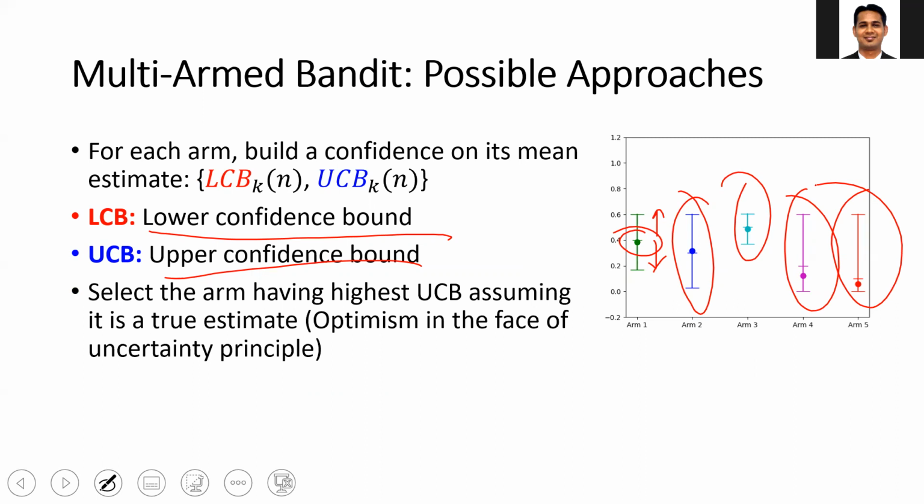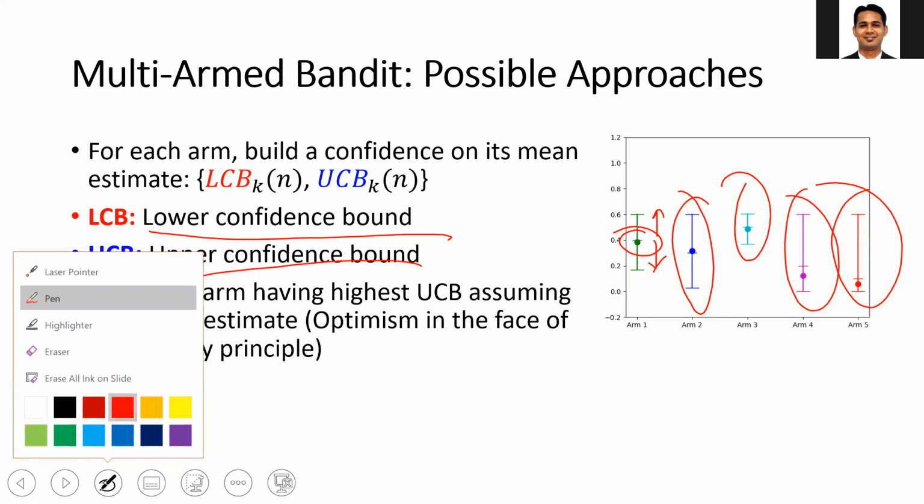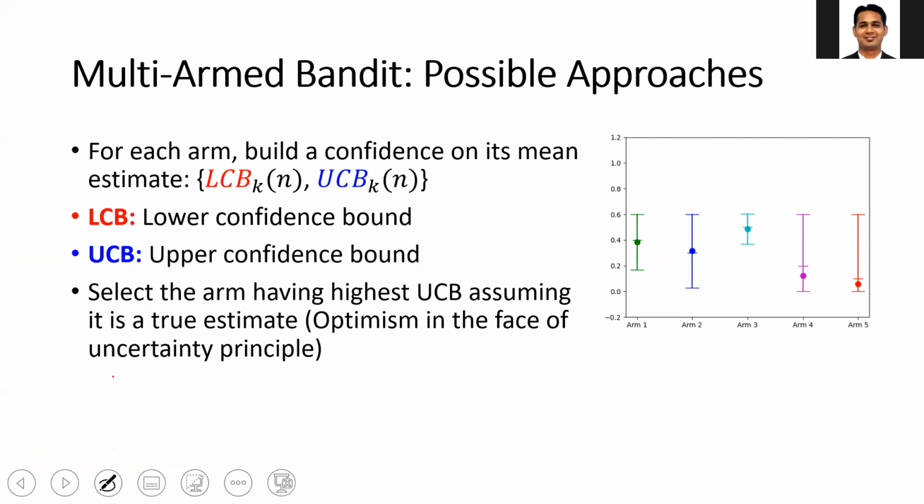You select the arm which has the highest upper confidence bound. Why do you select the arm which has the highest upper confidence bound? That means you are selecting the arm which has the highest mean as per the upper confidence bound, based upon the history or information you have observed till now.